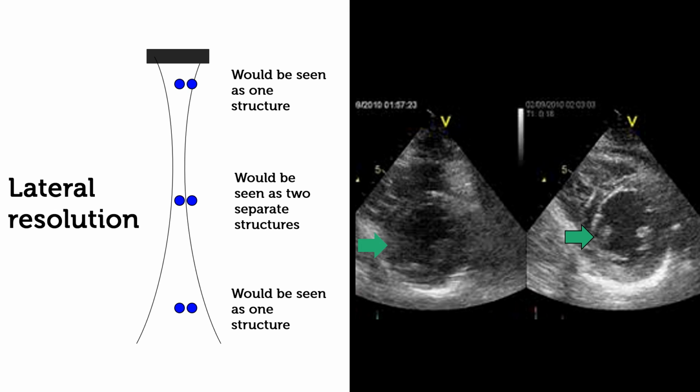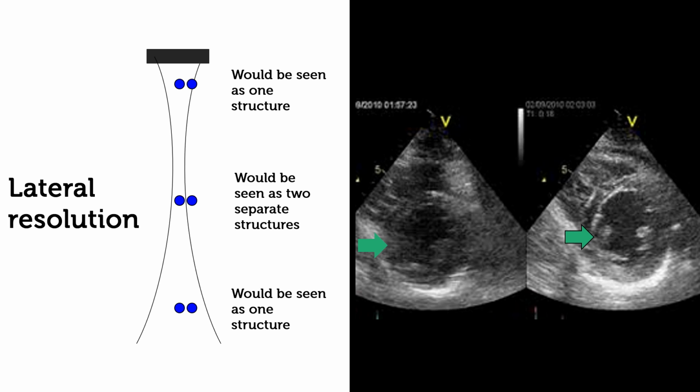Good lateral resolution requires echoes returning from different structures across the beam path be displayed separately. Resolution across the beam path or across the screen depends on the beam width and is best at the focal zone. The operator sets the focal zone on the image by adjusting the focus button on the ultrasound machine.